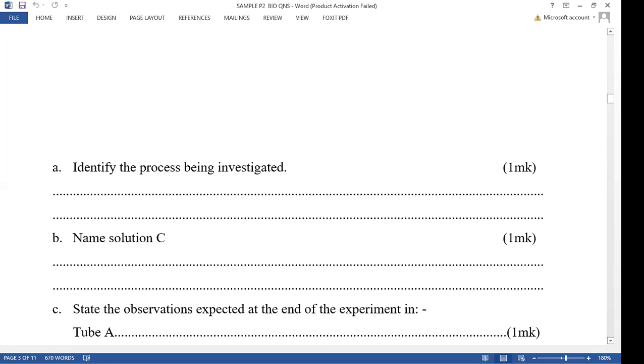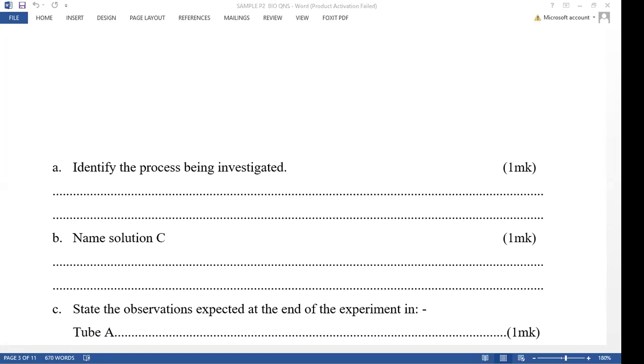Within the atmospheric air, there is very little carbon dioxide, and above that solution there is sodium hydroxide that normally takes all the carbon dioxide. So there should not be any change in color of this substance.